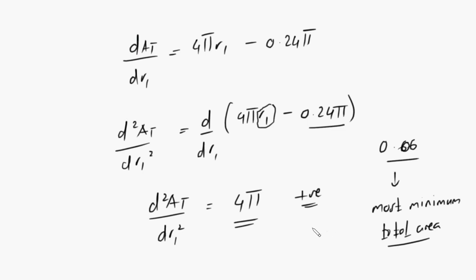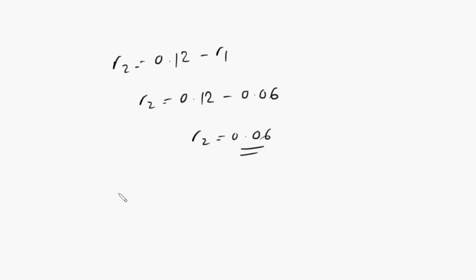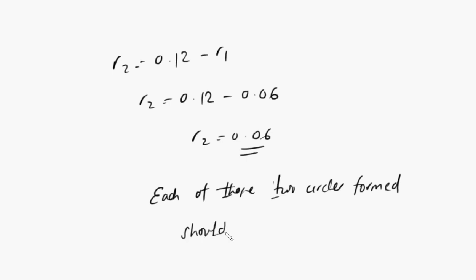The question was that we want to find the radius of the two small circles that will give us the smallest area of all. So we now know r1 is 0.06 and we will get the smallest total area. But that is r1 only. What about r2? Remember r2 was equal to 0.12 minus r1. So if r1 is 0.06, r2 will also be 0.06. So to get a very minimum total area, each of those two circles formed should have a radius of 0.06 meter.